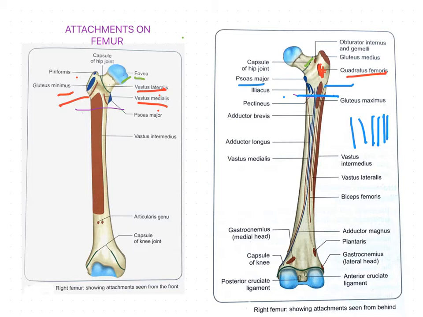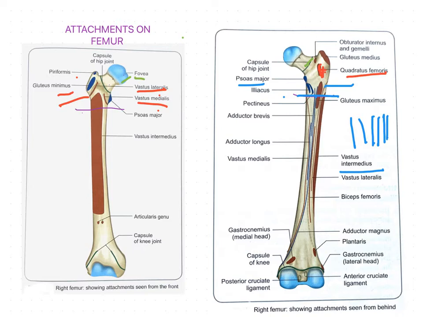These are the muscles on the upper posterior part. On the lateral aspect along the shaft, you'll have the vastus intermedius, because this muscle originates from the anterolateral surface, so we can find the vastus intermedius on the lateral aspect also.